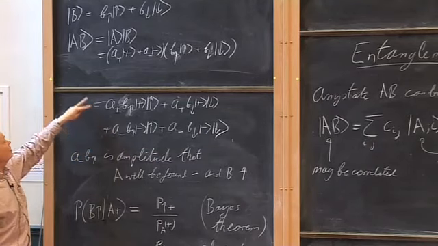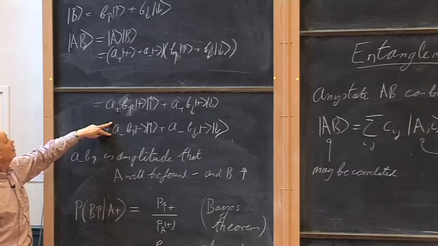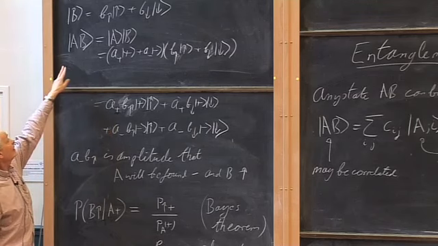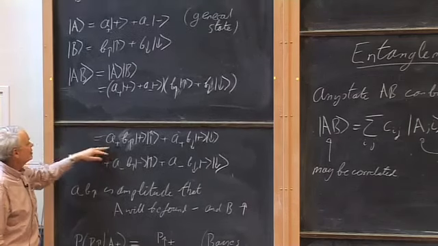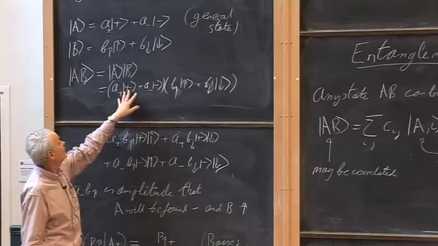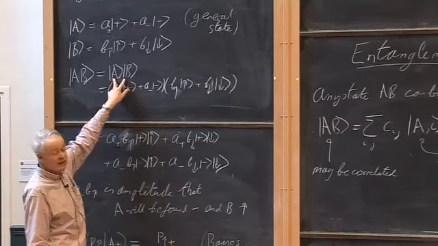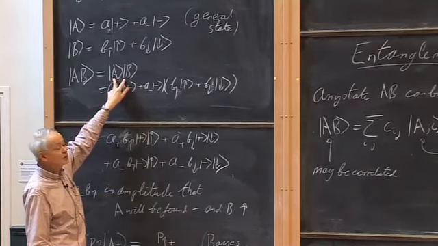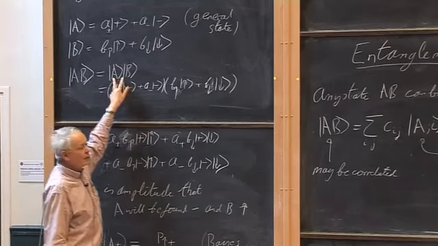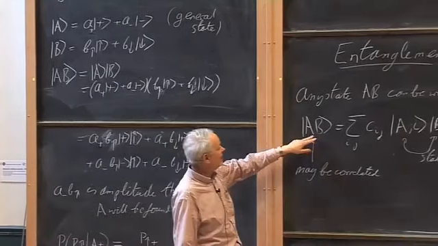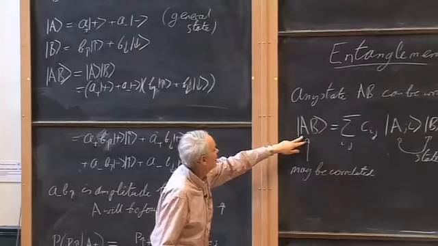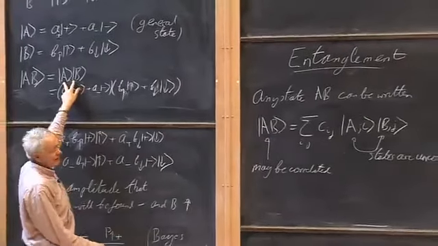And it turned out that in this case, that was still an uncorrelated state because this was simply an expansion in terms of some basis states of a state which was already a product of just two states. So the point is that the general state in general cannot be written like that.